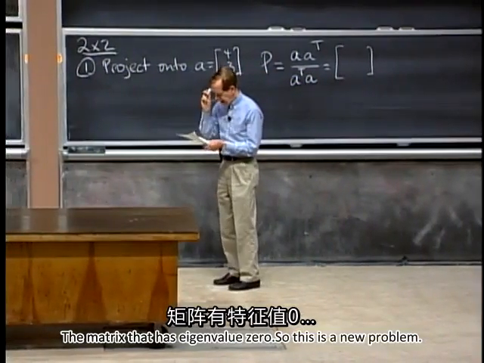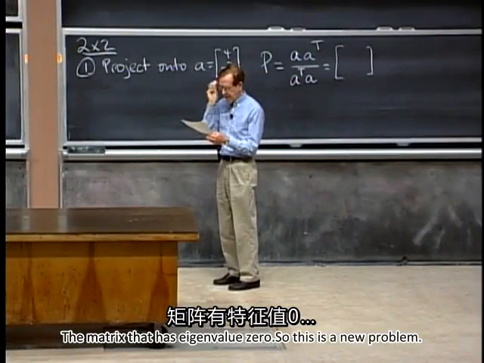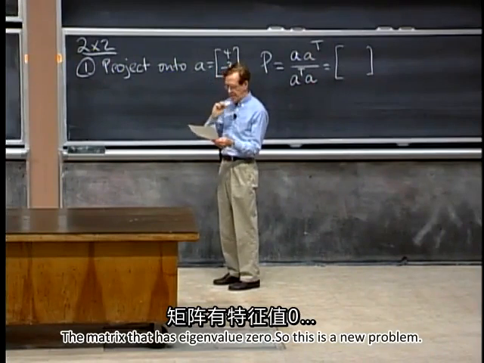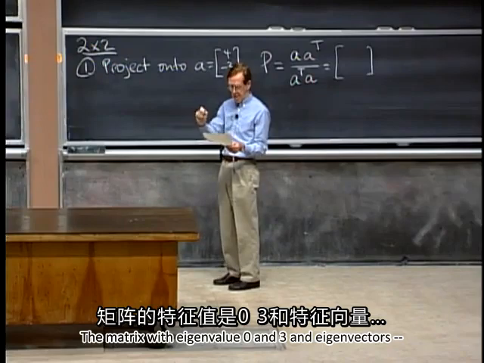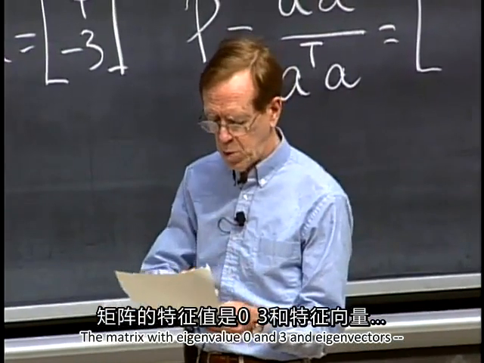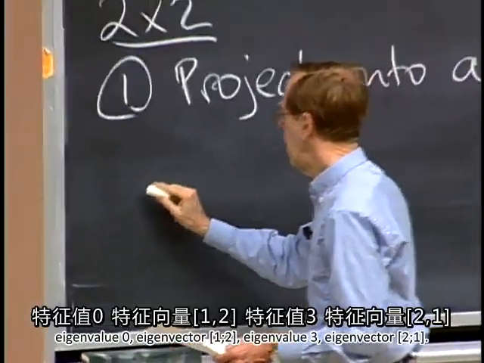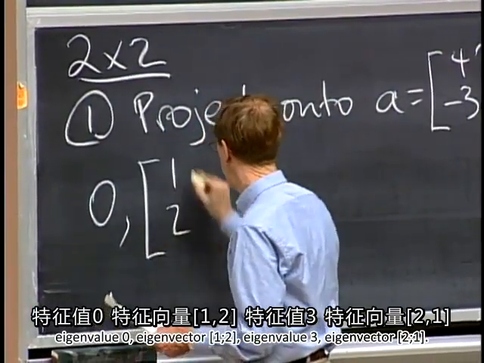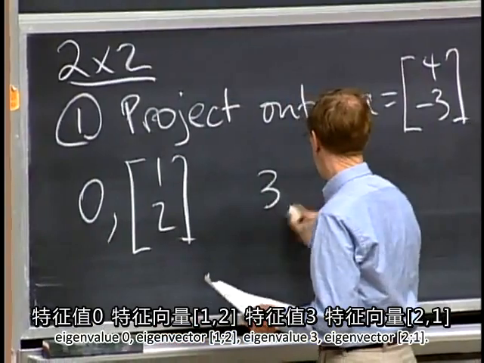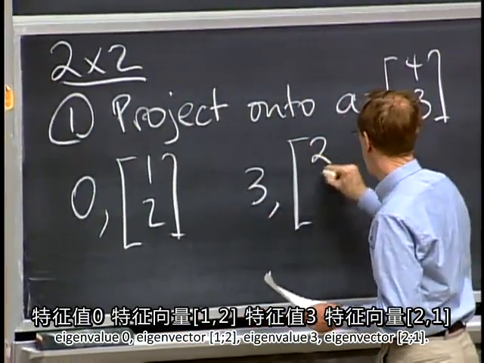Okay, number 2. This is a new problem. The matrix with eigenvalues 0 and 3 and eigenvectors, let me write these down. Eigenvalue 0, eigenvector 1, 2; eigenvalue 3, eigenvector 2, 1.